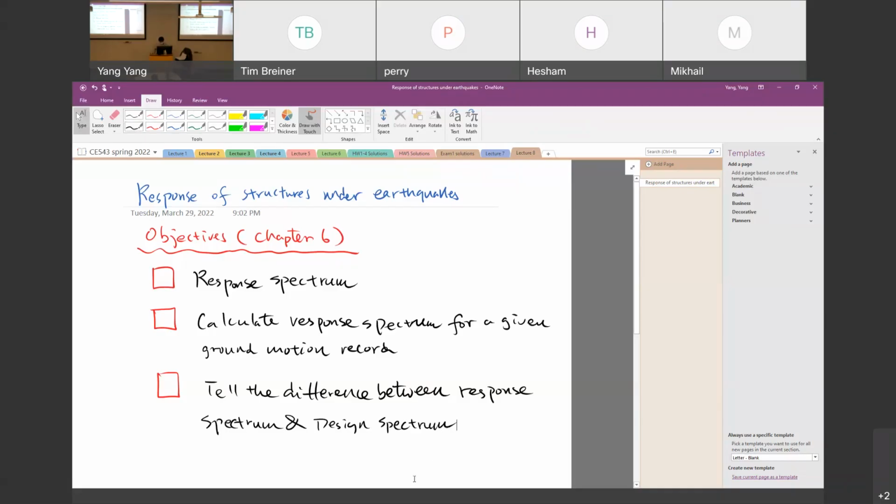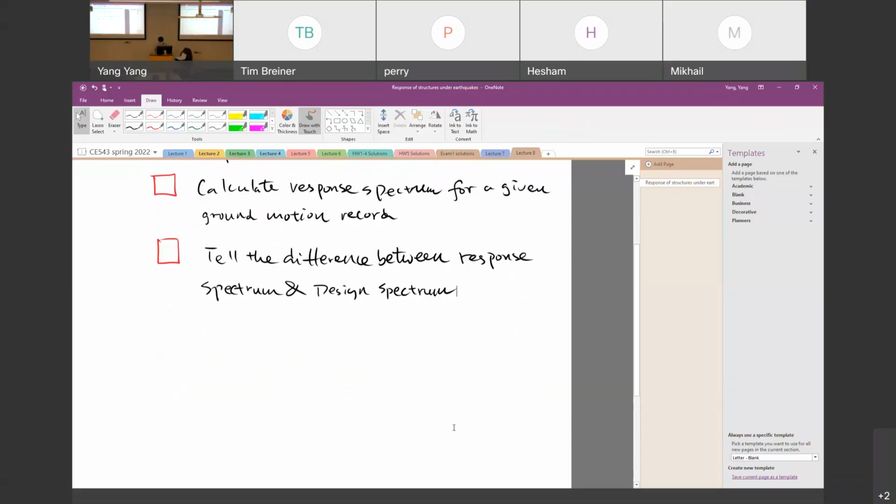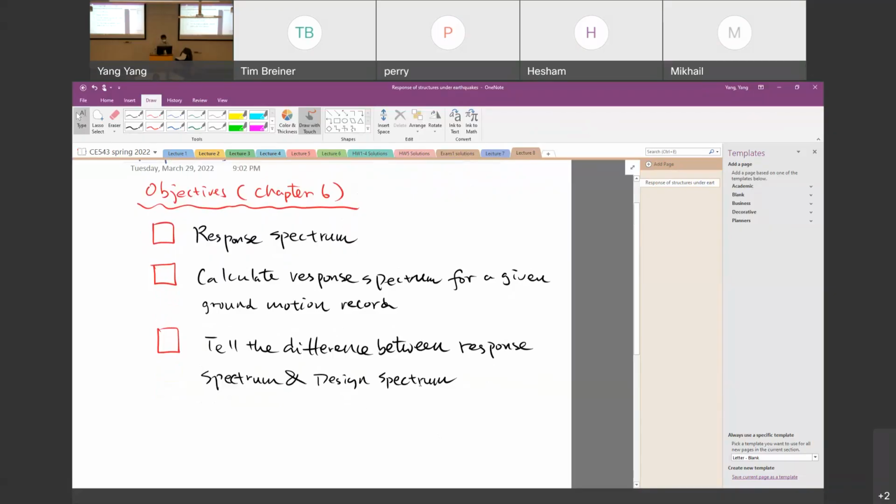You should be able to tell the difference between response spectrum and design spectrum. For seismic design, or earthquake design, you will use the design spectrum. What is the design spectrum and what is the difference between the response spectrum and the design spectrum? And how is the design spectrum developed? That's what we talk about tonight as well as next week.